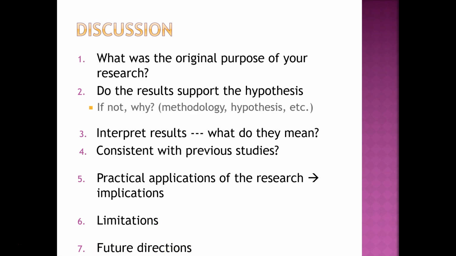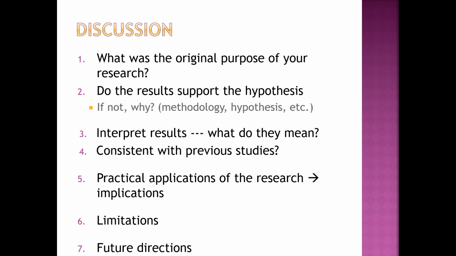Now the future directions should do more than just simply correct the limitations. So if you say, the limitation was that I only had university students, and everybody had a GPA of 3.5 or above, and I think that's a limitation, my future direction shouldn't just be, so next time I will find participants who have a more of a variety of GPAs.